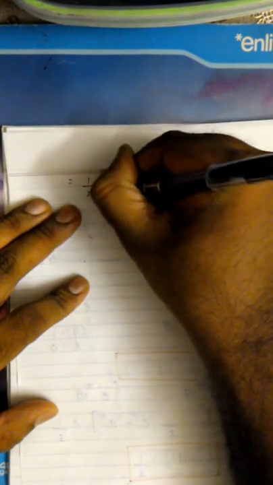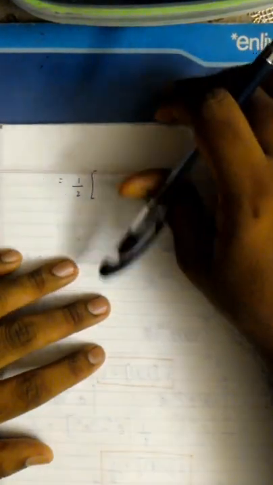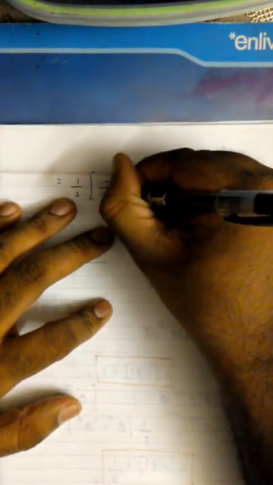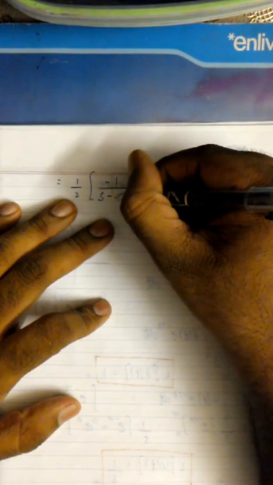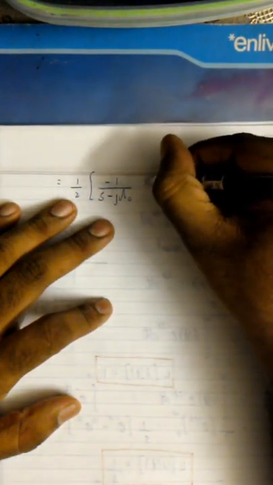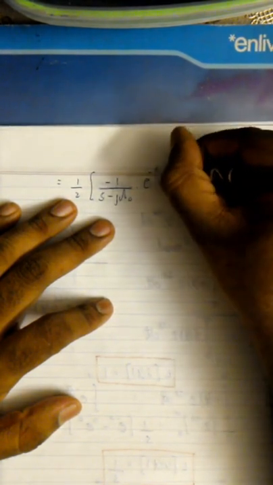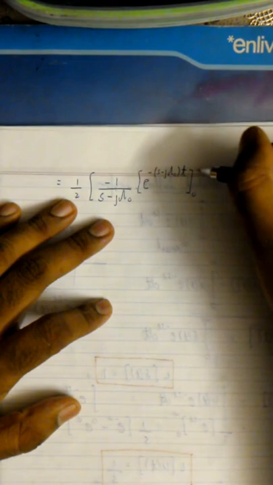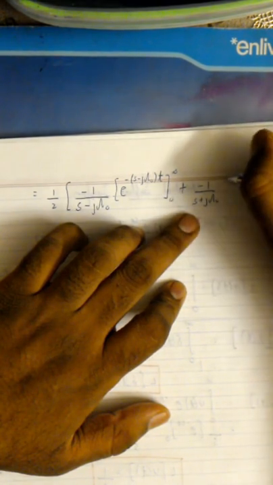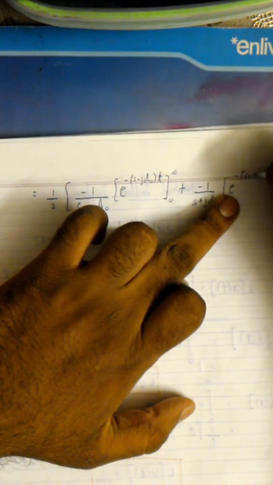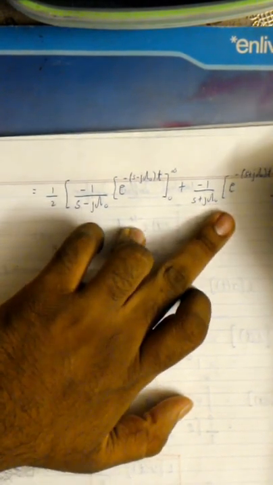On applying integration I will get 1 by 2 into minus 1 by s minus j ohm 0 into e raised to minus of s minus j ohm 0 t from 0 to infinity, plus minus 1 by s plus j ohm 0 into e raised to minus of s plus j ohm 0 t from 0 to infinity.